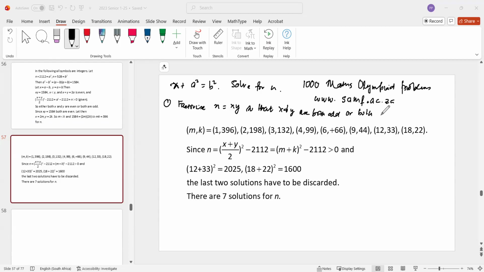You call that parity. Parity is the evenness or the oddness of a number, right? And then immediately you can say what a is.